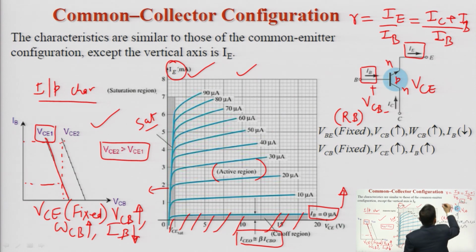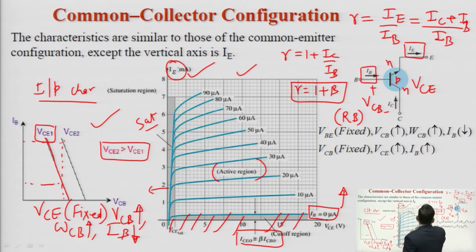If we simplify this, gamma equals 1 plus IC by IB, and we have already seen that IC by IB is nothing but beta. So, gamma equals 1 plus beta. Gamma equals 1 plus beta means the current gain for common collector is also greater than the common emitter configuration.